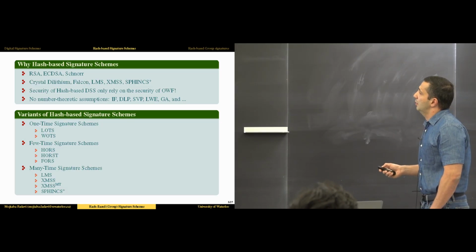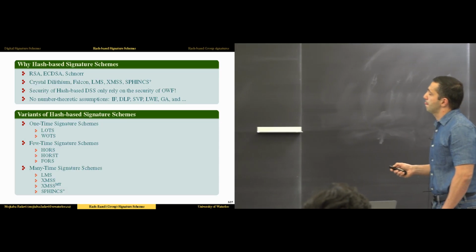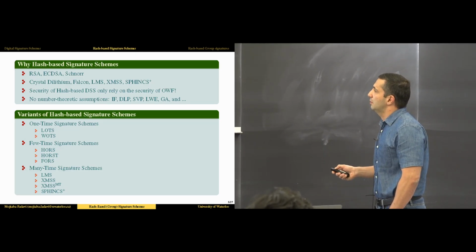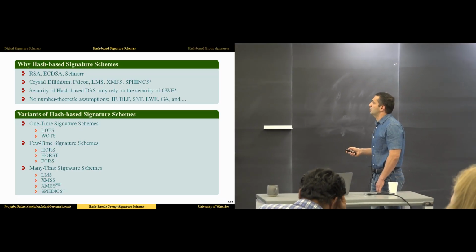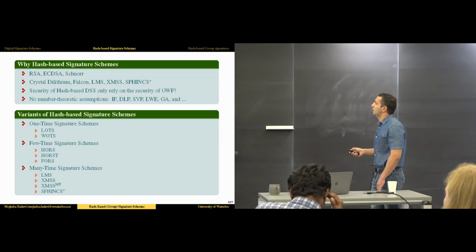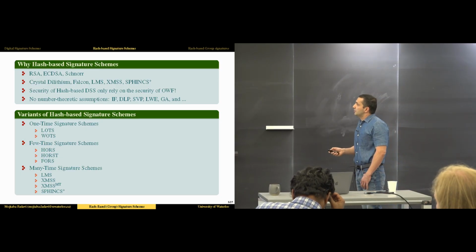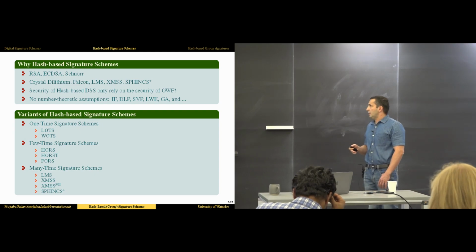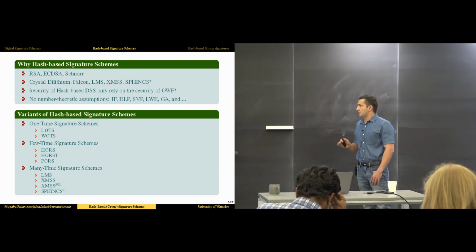But why did NIST standardize these signature schemes, where the signature size is many times larger than Crystals-Dilithium and Falcon? Because hash-based signature schemes' security relies only on one-way functions. Constructing schemes based on one-way functions is difficult.